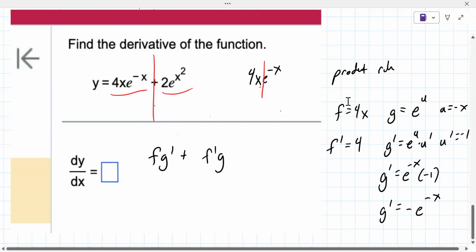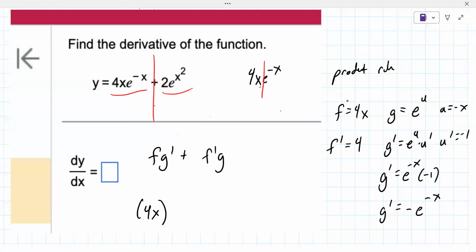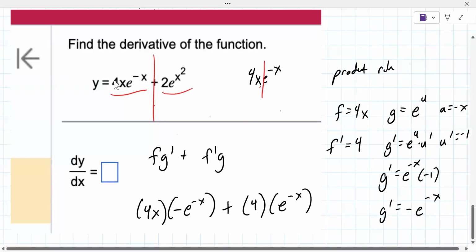Basically, you take your original function 4x, times g prime, minus e to the minus x, plus f prime, which is 4, times your g, which is e to the minus x, like that. And that's just for this first one. We then have to do a similar thing for this 2e to the x squared.